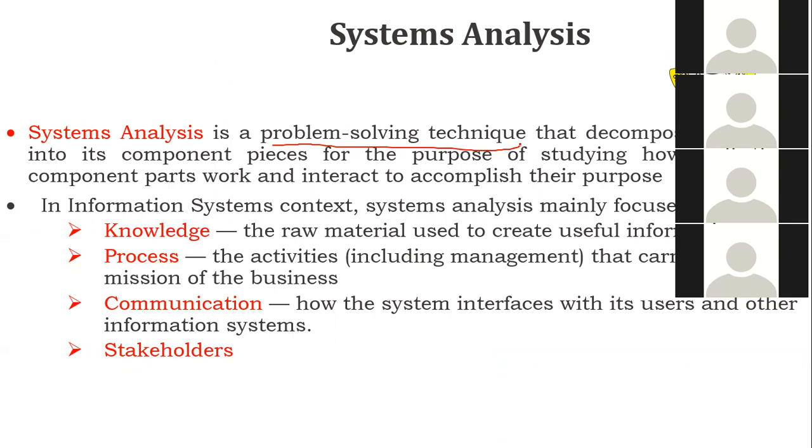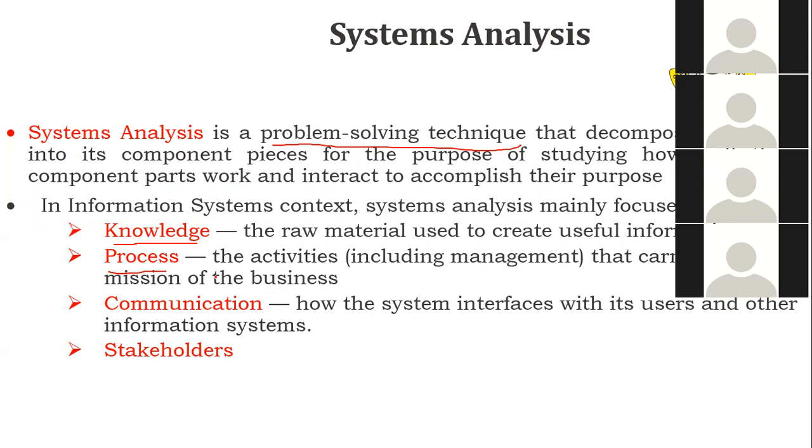Essentially, the systems analysis process first of all focuses on knowledge, the raw material used to create useful information. It focuses on data. What data will the system handle? How should this data be handled? Who should handle it, and so on. Then the processes, the activities, including management, that will carry out the mission of the business.